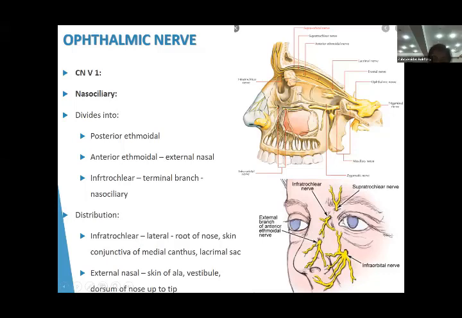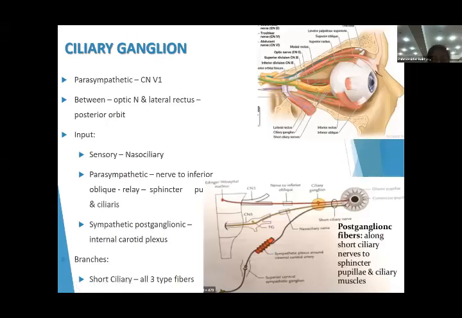Its name is nasal, so it will supply the nose. It supplies the skin of the ala and the skin of the vestibule, from the dorsum tip up to here, and the upper part is supplied by the infratrochlear. Is this clear? Any questions?